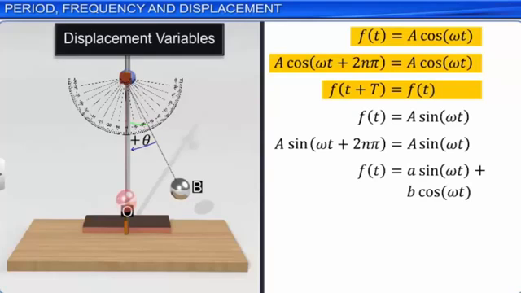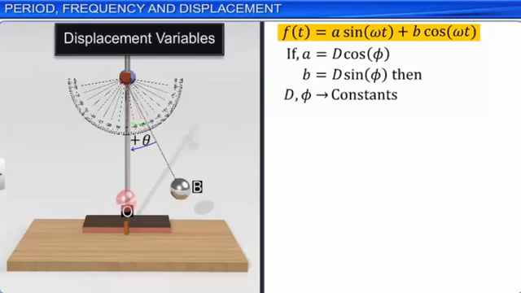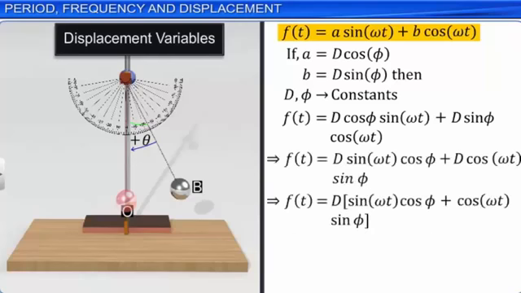If the constant a = d cos φ and the constant b = d sin φ, where d and φ again are constants, then we can rewrite the function as f(t) = d cos φ sin ωt + d sin φ cos ωt. Simplifying the expression using trigonometry, we get f(t) = d sin(ωt + φ).